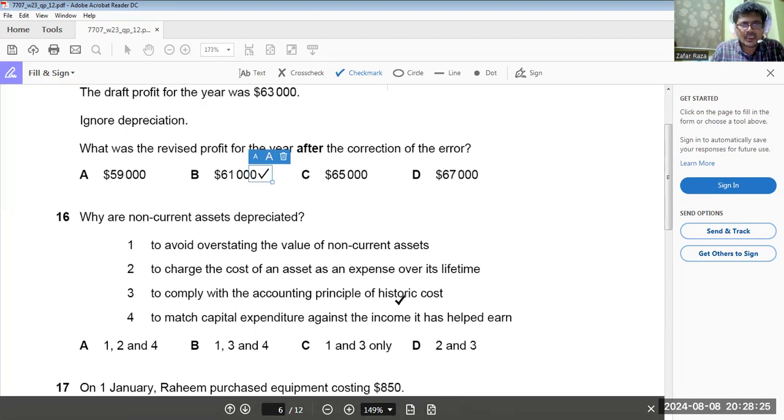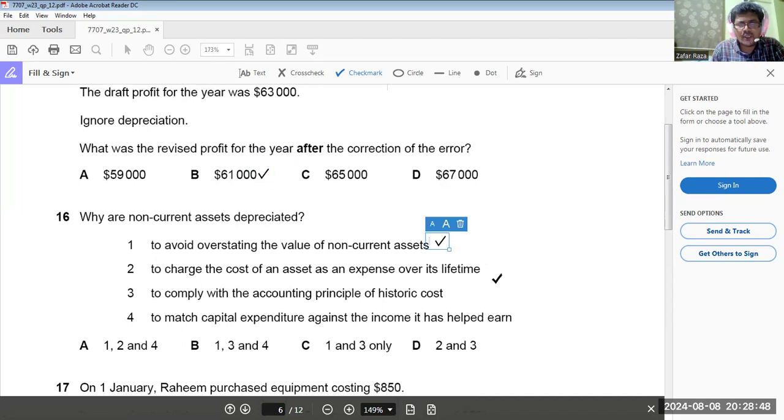Why are non-current assets depreciated? Okay. Now, depreciation to avoid overstating the value of non-current asset, yes.